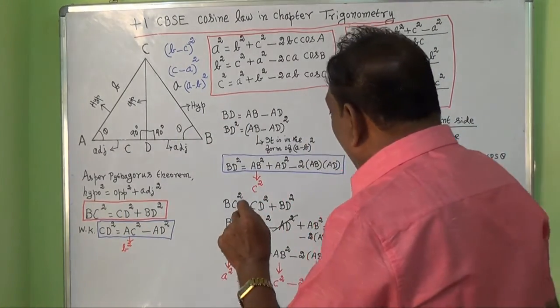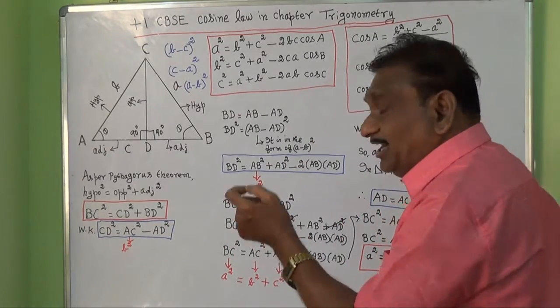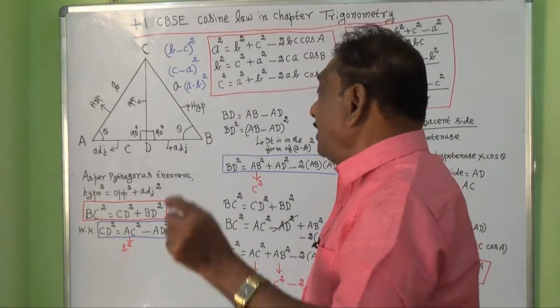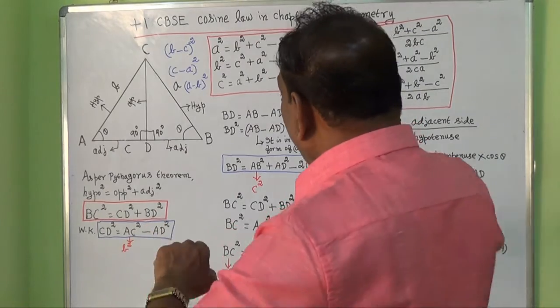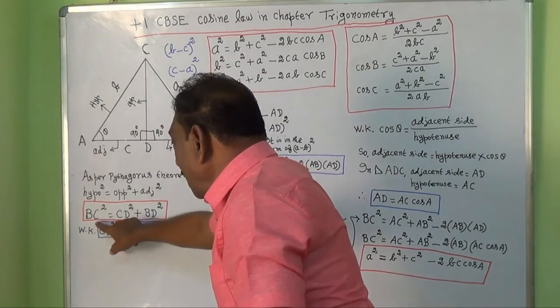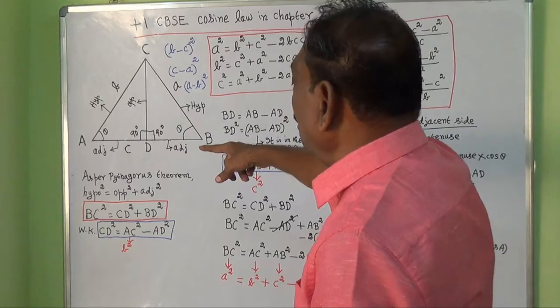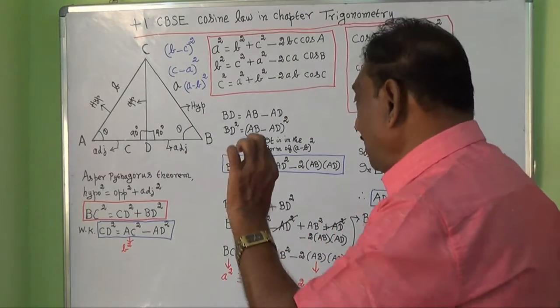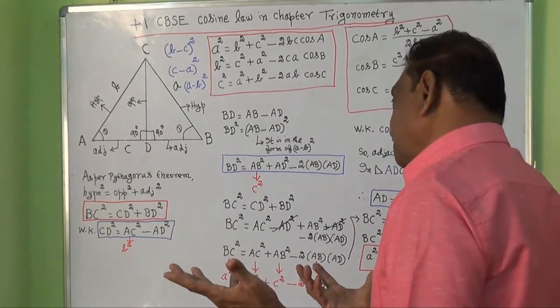Now in our hands we are having CD square as well as BD square. So can we substitute the determined CD square and BD square in the original formula, that is BC square equal to CD square plus BD square? Yes, we can substitute.